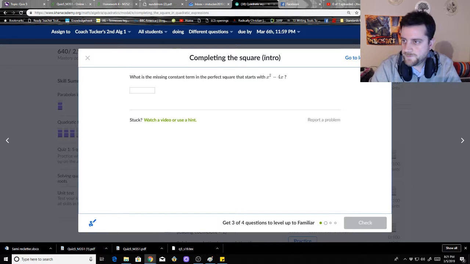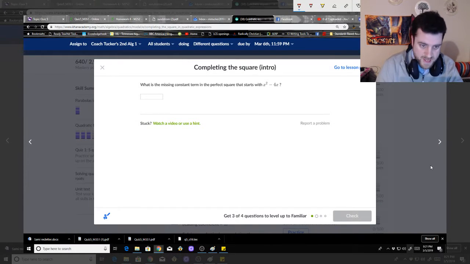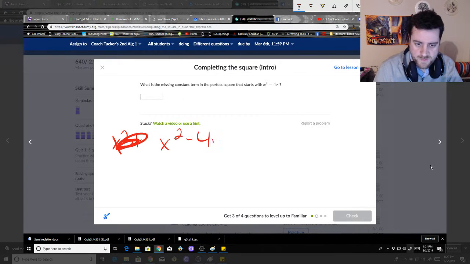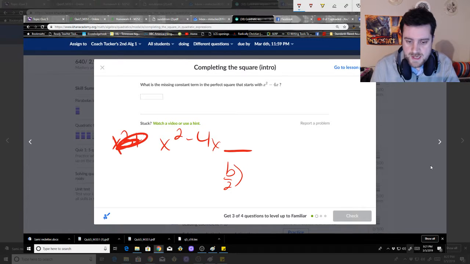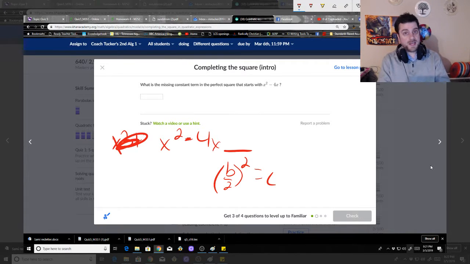Let's do another one. This time we have x squared minus 4x, and we're trying to determine what c will be. Remember, we take half of b and square it, and that gives us our c. You may ask, do I need a negative?